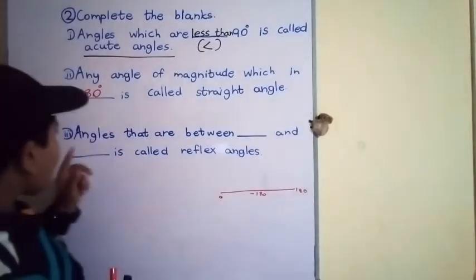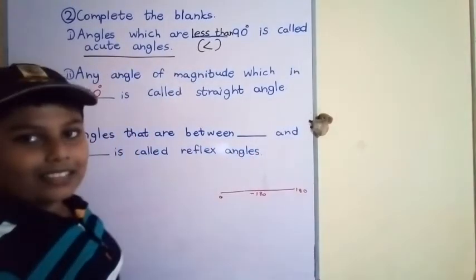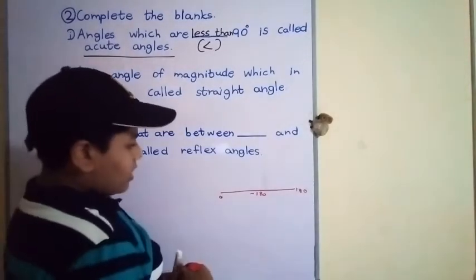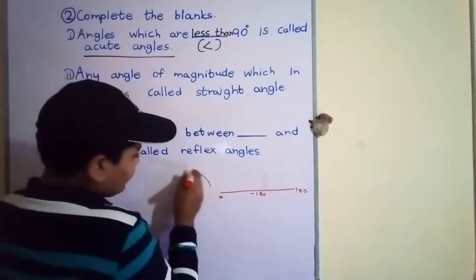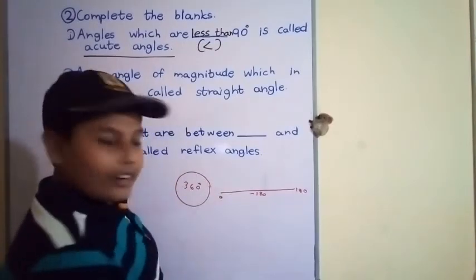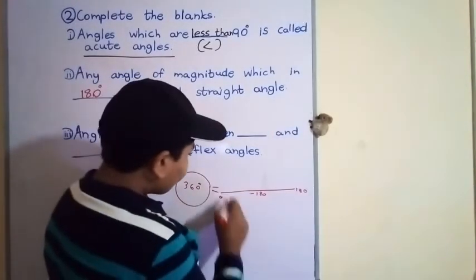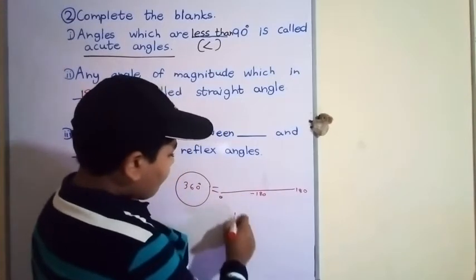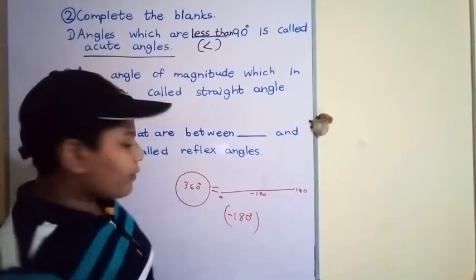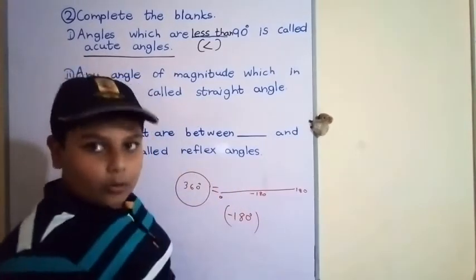In the last one, angles that are between blank and blank are called reflex angles. A circle means 360 degrees, and this one is 180 degrees. Between means angles like 190 degrees, 200 degrees.